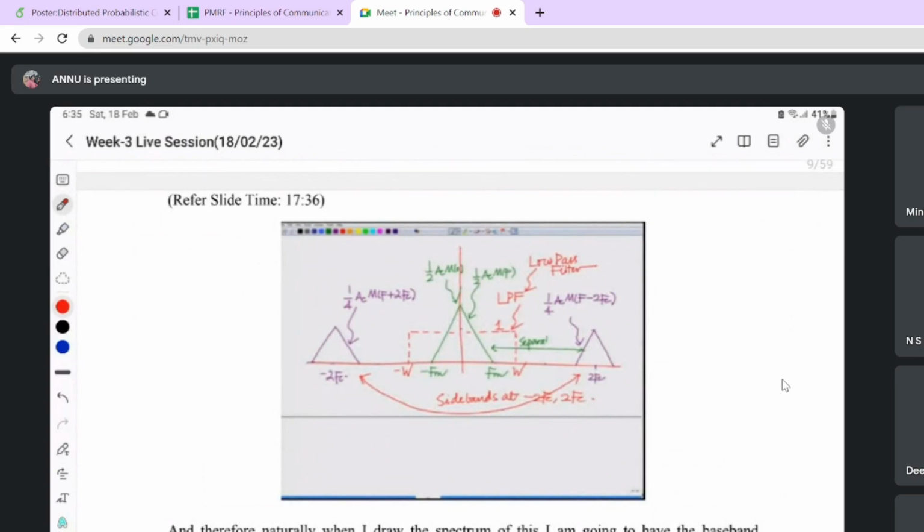Here these are called sidebands, and this is M(t) that we had earlier, and this will have a low pass filter, and this will have a band pass filter. So you will have some frequency, right? Suppose minus WP to WP, and here minus WL to plus WL. So these two filters differ.